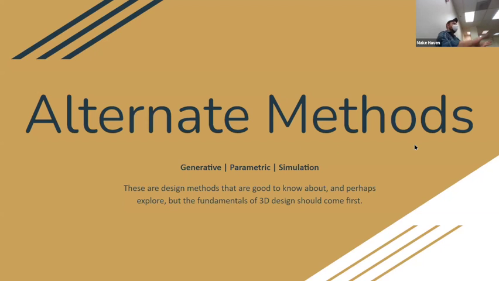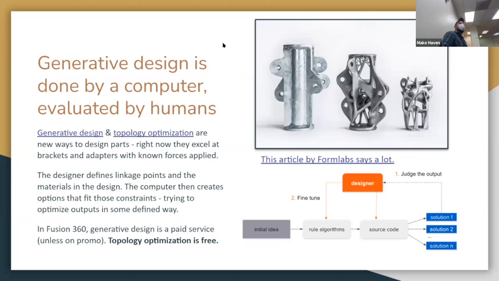So then there's some alternate methods. These are so weird that I don't want anyone to try and go for them, but it's worth mentioning them because they're so cool. The first one is generative design. This is very new. It's actually a paid feature inside of Fusion 360, unless every so often they have like a sale where you can try it for free.